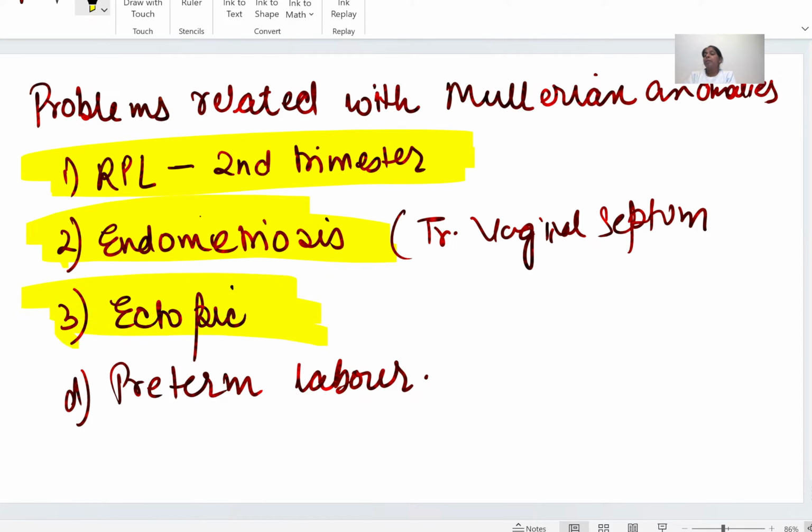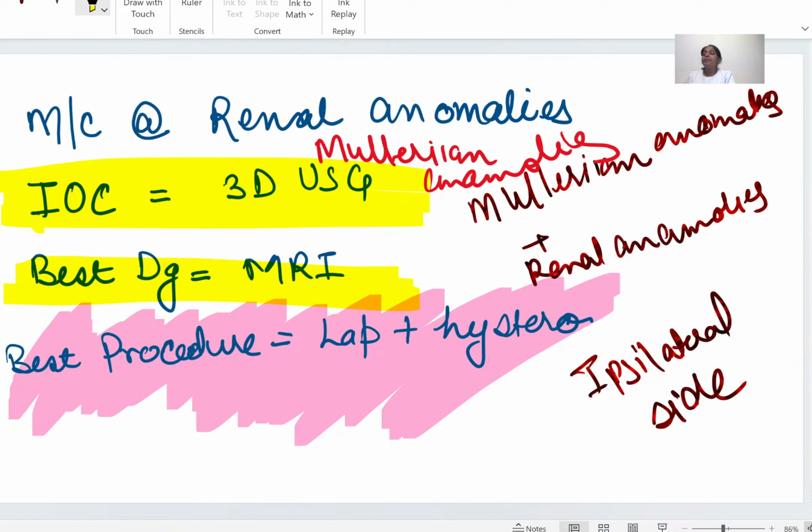There are more chances of ectopic pregnancy, because Mullerian anomalies are also related with fallopian tube anomalies. Because the uterus size is usually small, they are associated with preterm labor. So remember that Mullerian anomalies are related with ipsilateral renal anomalies.